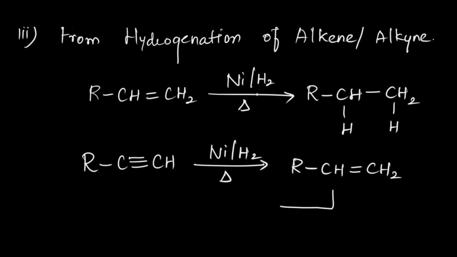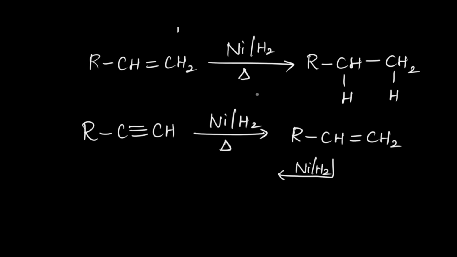And once again, if you are giving hydrogens, it will take 4 hydrogens, that is 2 moles of H2, to proceed this reaction to get alkane. Okay, then the next preparation is that, don't worry, only the alkane preparation is more, and then alkene will be less, alkyne will be very, very less.